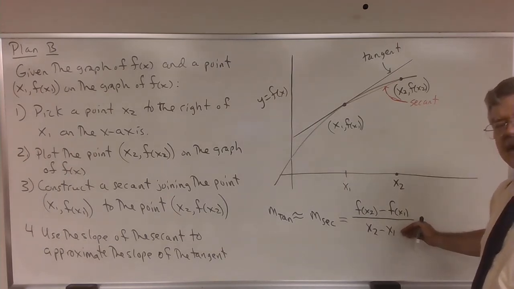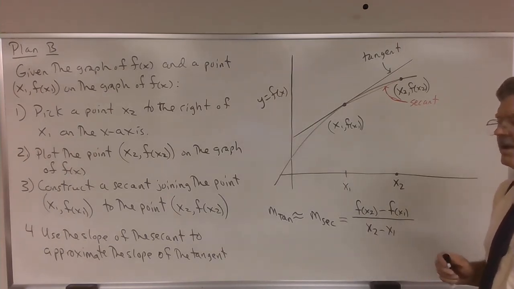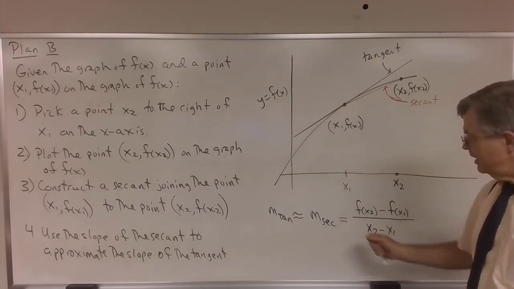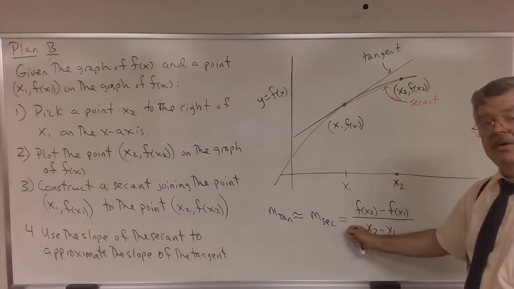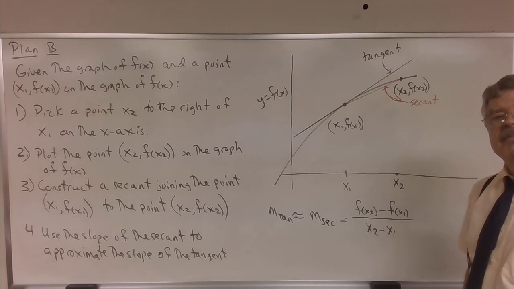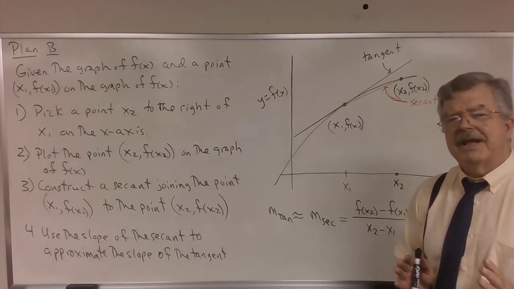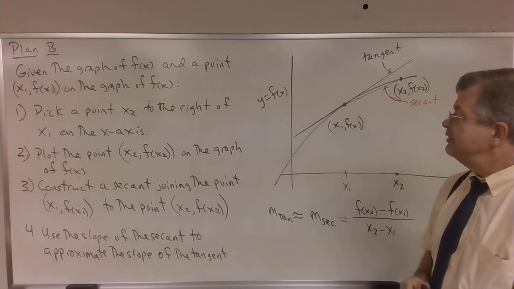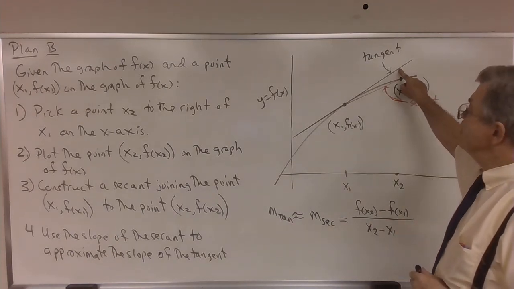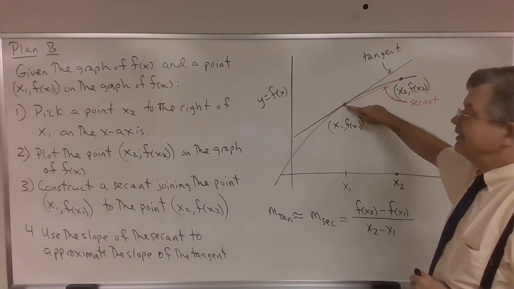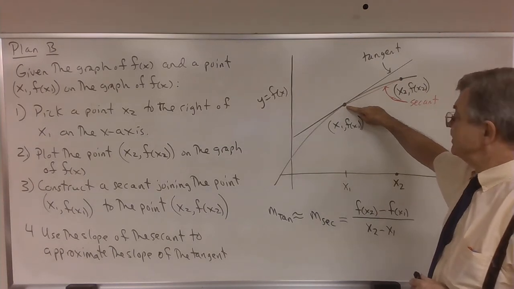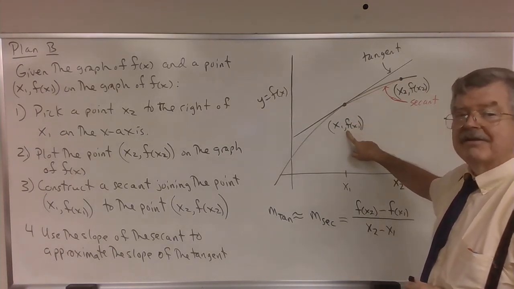Mull this over, ponder this over, because in our next lecture we're going to pick up right here and we're going to run with it. And remember something, a major goal in Calculus 1 is to be able to compute the slope of the tangent line to the graph of any function at any point on that function.